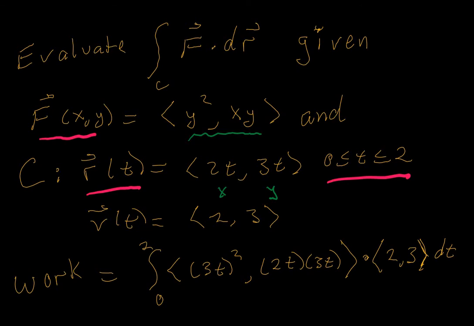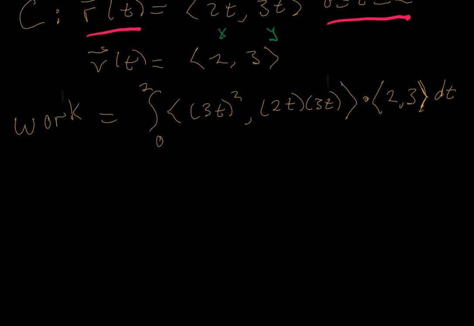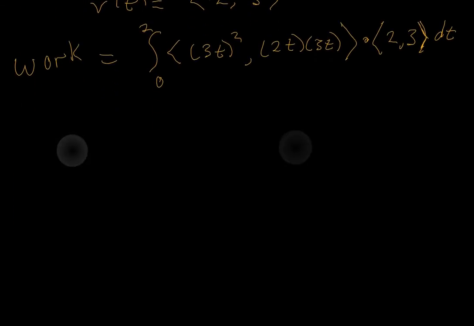So let's do that really fast. So the dot product would be 9t squared multiplied by 2, from 0 to 2.